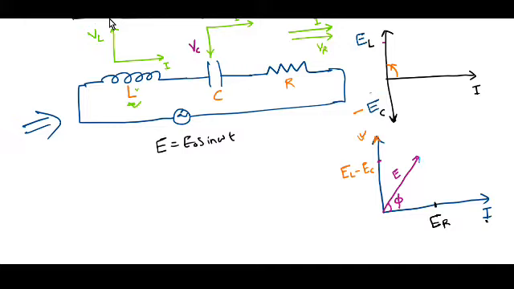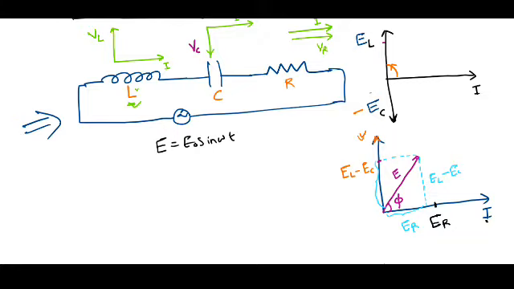Then if you project this net voltage in this way, this length is nothing but EL minus EC, and the opposite side is our ER.